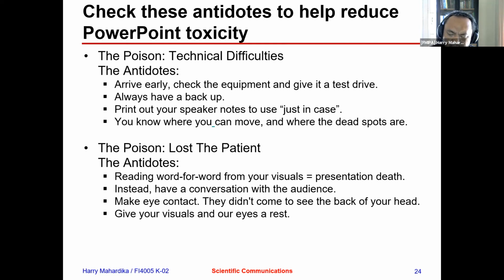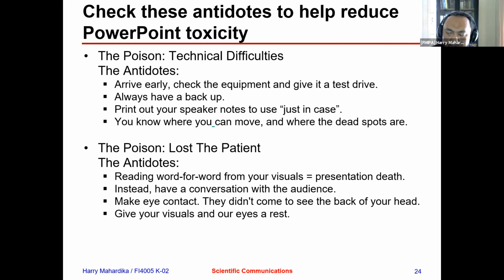For example, your PPT needs to be updated, or your PPT is saved in a different version. Make sure your PPT is saved in the latest version so that people who use different computers can access it.